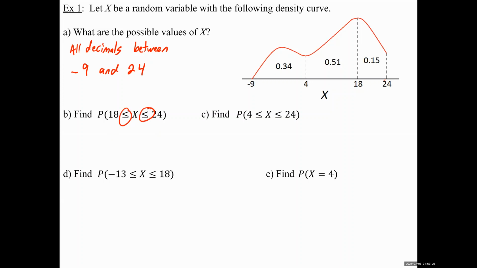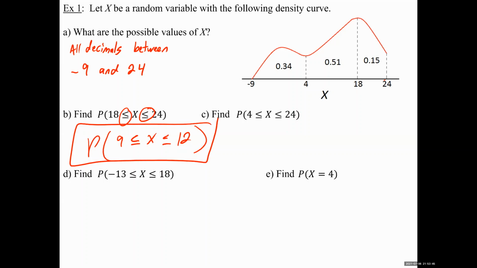These have to both be less thans. Sometimes I see students put a less than on one side and a greater than on the other side. This makes no sense. In mathematics, for it to be written correctly, you have to put x, two less thans, and 9 and 12. Let's say it was 9 and 12. Then this is me asking you, if you were to draw a number out of the bag, what's the probability to get a number between 9 and 12?